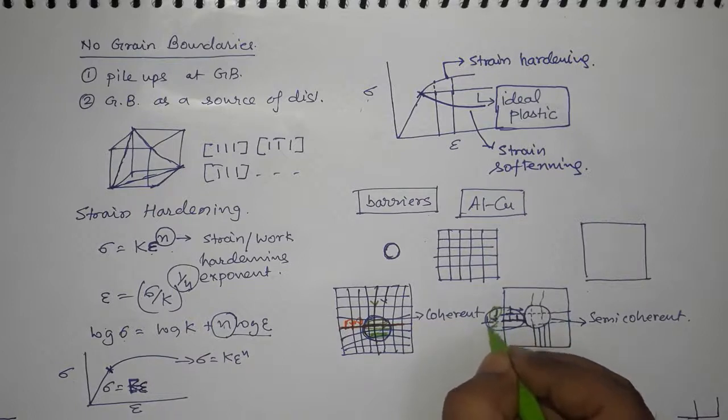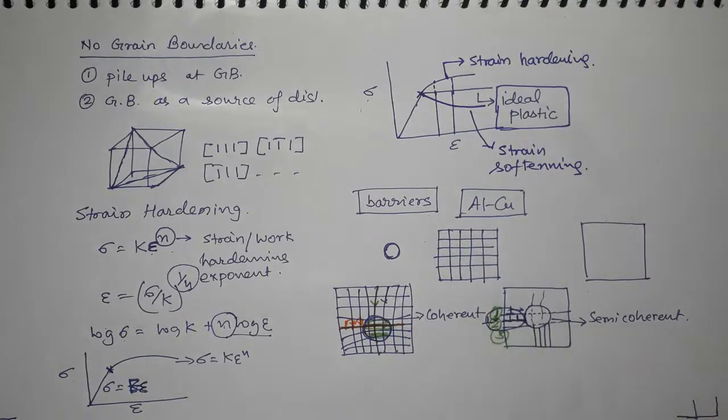Then you have the second layer which has no matching inside, then the third layer which has matching inside. The first one has matching inside the precipitate, so there is no problem. The second one is a layer of atoms, and that layer of atoms is missing inside. So what is that? It's a dislocation at the boundary which has this kind of symbol. The atomic layer is there and that is missing inside the precipitate.